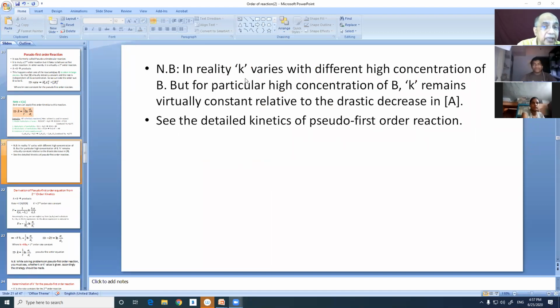But this K is different when you take different high concentrations of B. For example, this time you are taking B as 100 M, and in another reaction you have taken B as 200 M. So you will get two different K values, but in each of the reactions, it will behave as first order kinetics. The concentration of B will virtually remain constant and it will follow first order kinetics.